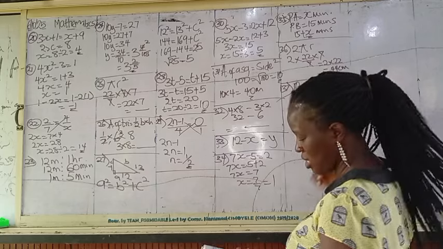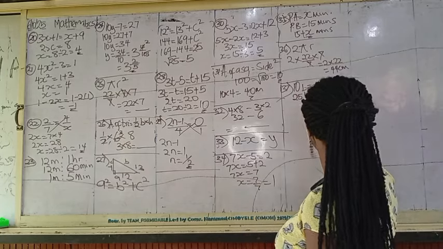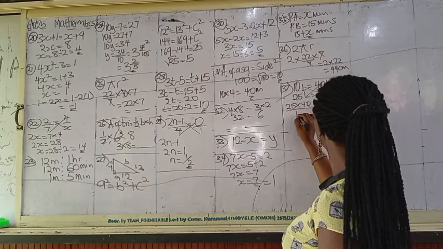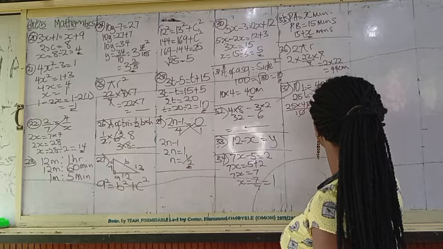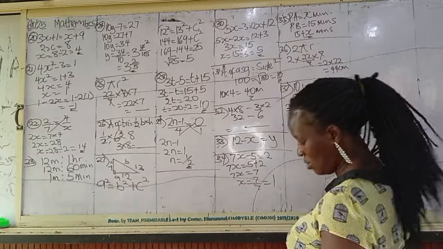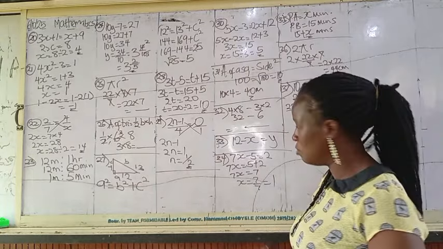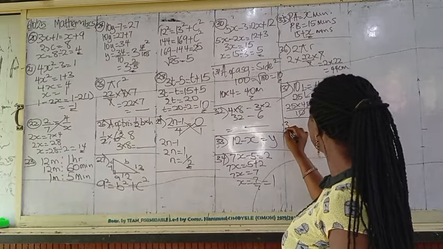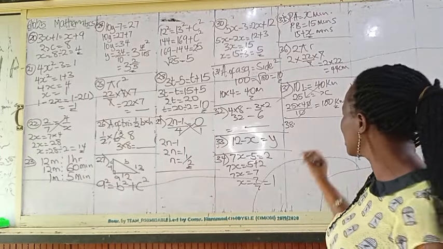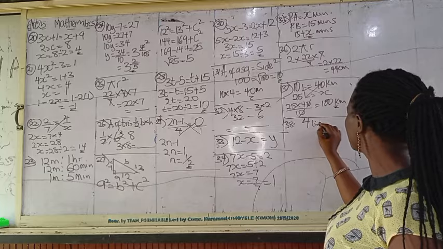So what do you do here? You cross multiply it. That will be 25 times 40 divided by 10. This takes care of this. So we have 25 times 4, which is equal to 100 kilometers. So it's going to cover 100 kilometers. Now to number 38 question. A square has how many lines of symmetry? It has 4 lines of symmetry.